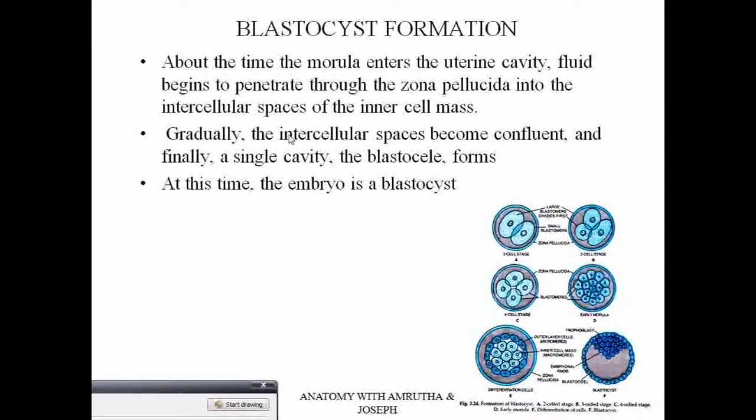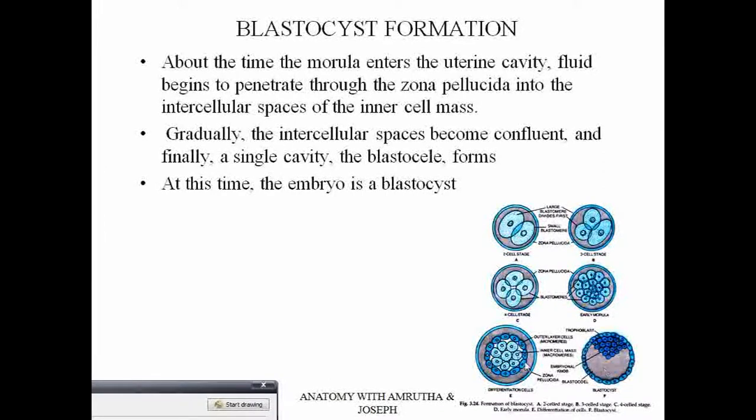At that time the fluid begins to penetrate through the zona pellucida. Zona pellucida is still there. The fluid enters, penetrating the zona pellucida into the intercellular spaces of the inner cell mass. Initially a lot of spaces appear into which fluid accumulates.